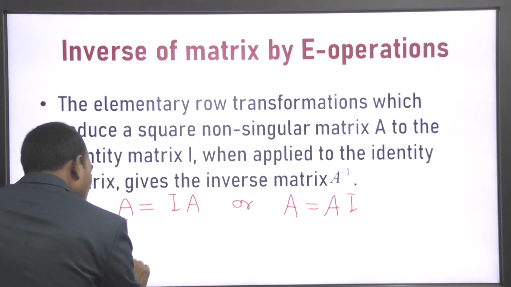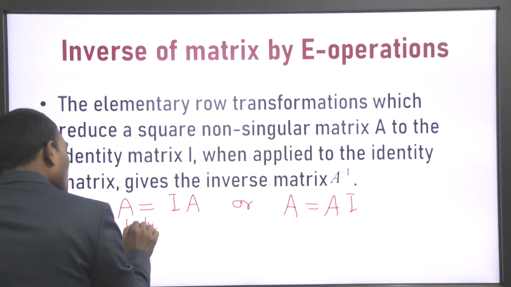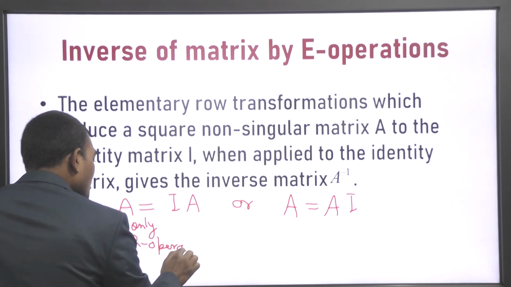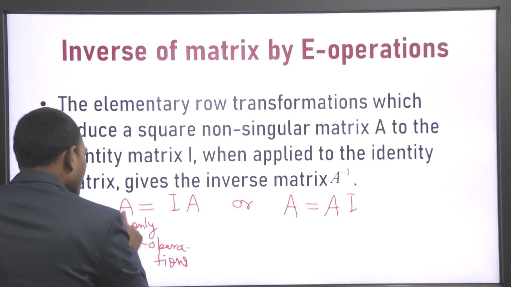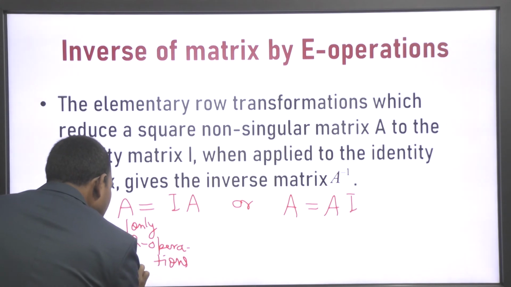Now apply only row transformations, in the first case only row operations, on A, and you have to reduce it to the identity matrix.